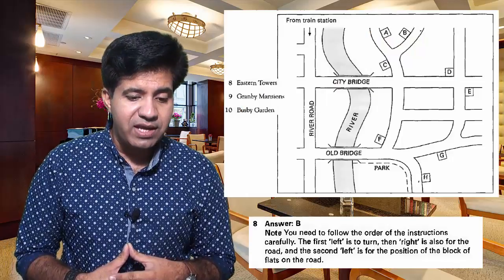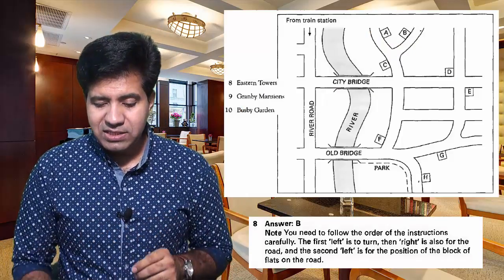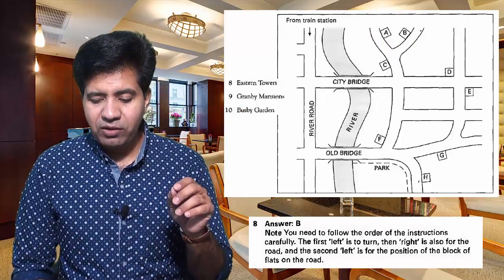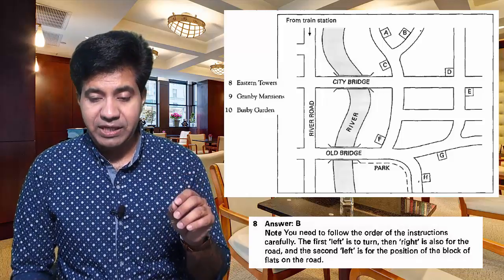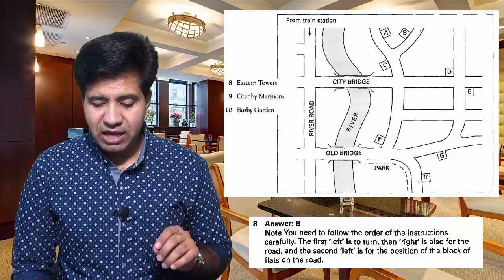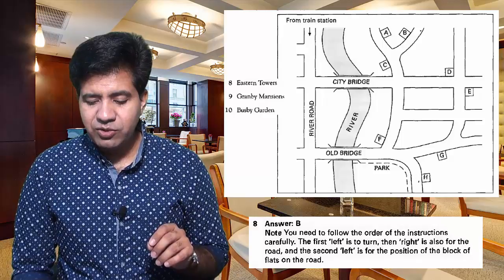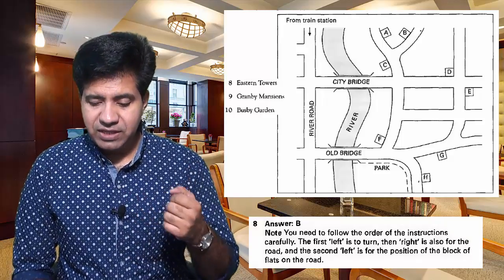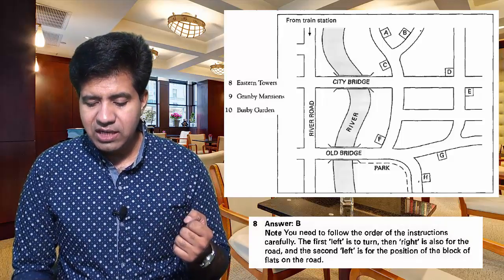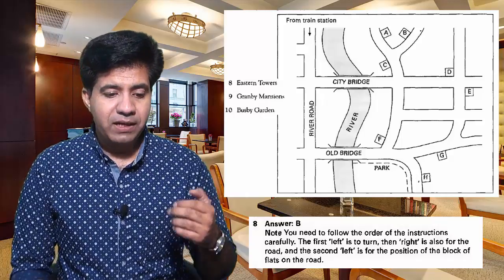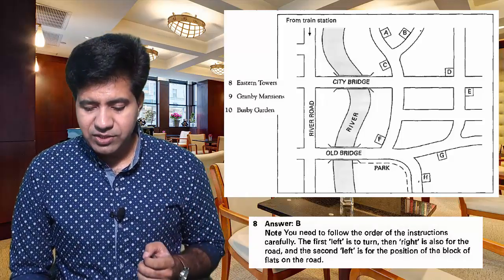Anyways, let's make a start, and this is the answer key. I'm going to tell you about the answers. Question number 8, answer is B. Now what is it? Note, you need to follow the order of the instructions carefully. The first left is to turn. Then right is also for the road. So first left and then right.